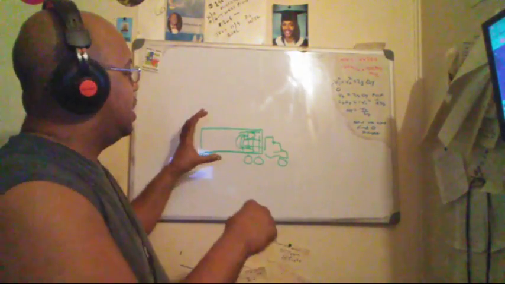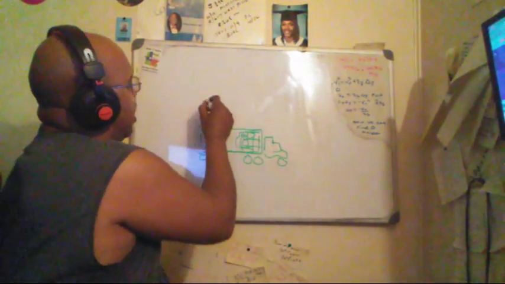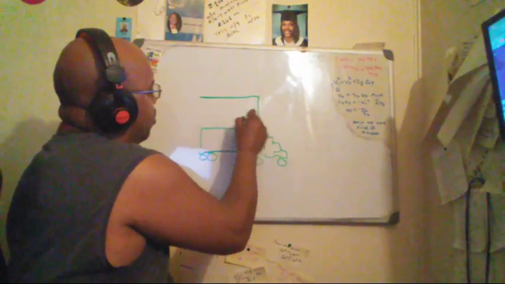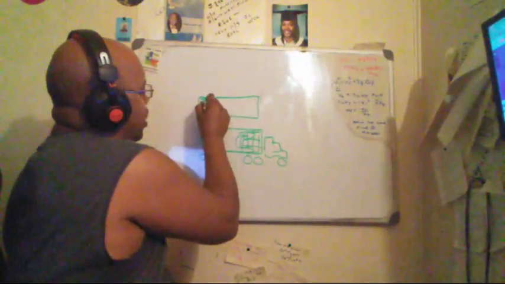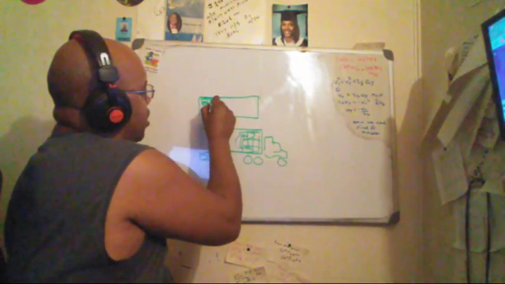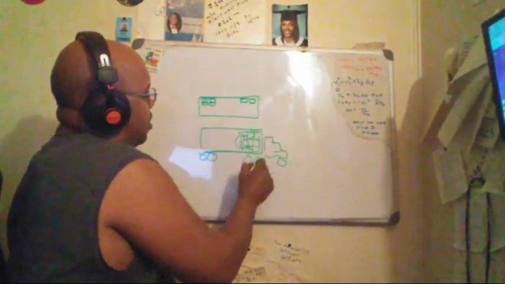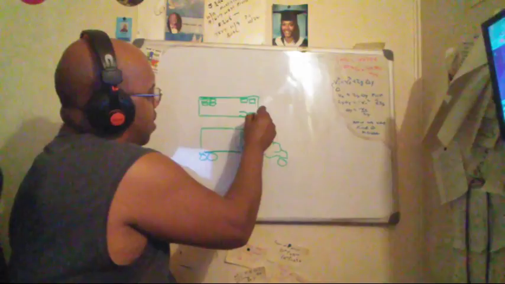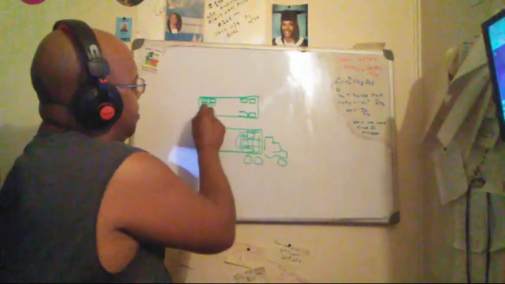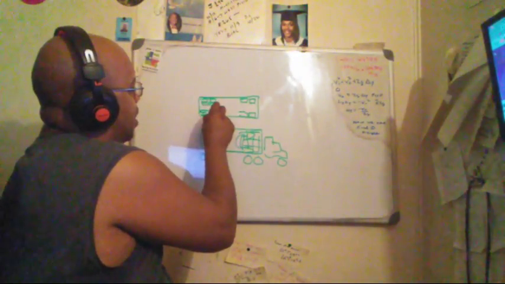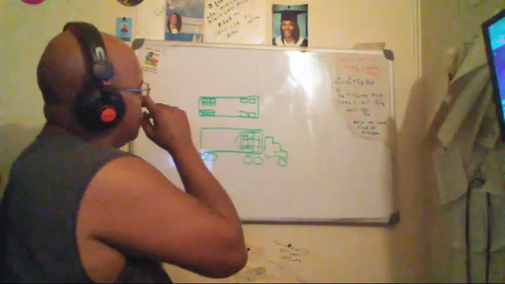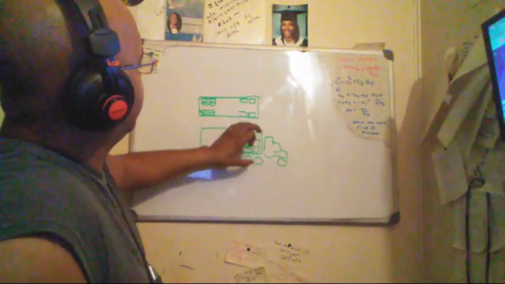The same concept goes on here. If we look at this trailer from a top view, you have your trailer tires here, and you have your drive tires under the nose of the trailer.